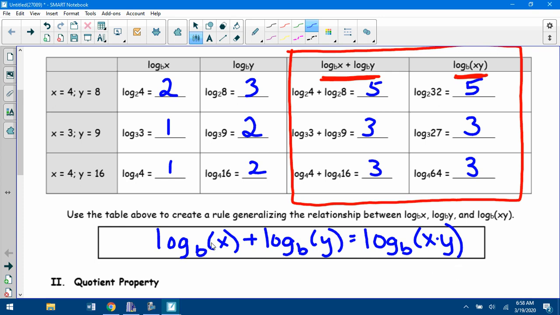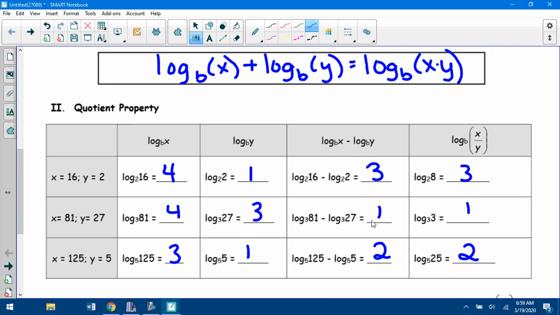So basically this rule says 2 logs added, I can smush that into 1 log with the stuff inside multiplied. They're always going to be the same. You can see that they're the same in the table. Works for whatever numbers you try. Now the important thing is the bases are the same. I couldn't have like log base 2 of one number and log base 3 of another number. That wouldn't work. The bases in all of these are always the same.